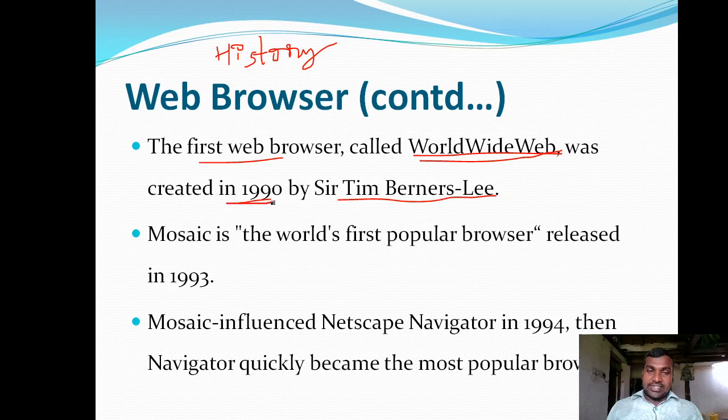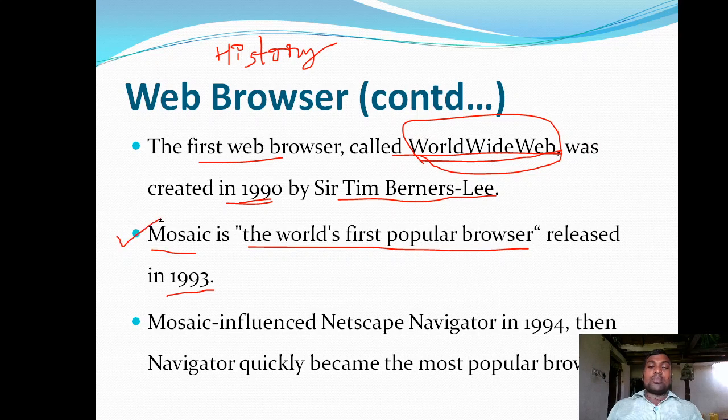So this is the first web browser in the world. And Mosaic is the world's first popular web browser. It was released in 1993 and at that time it was the most popular web browser.